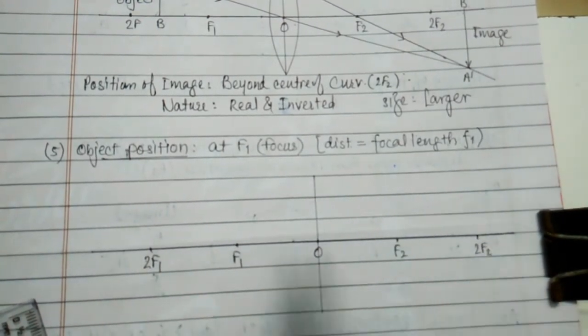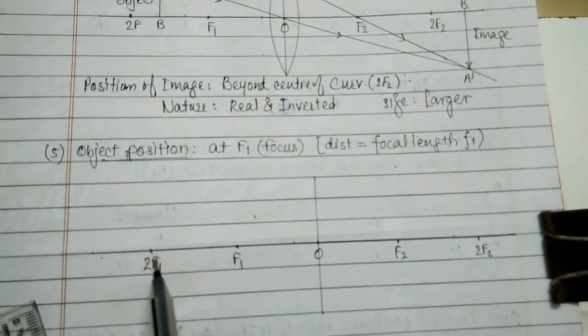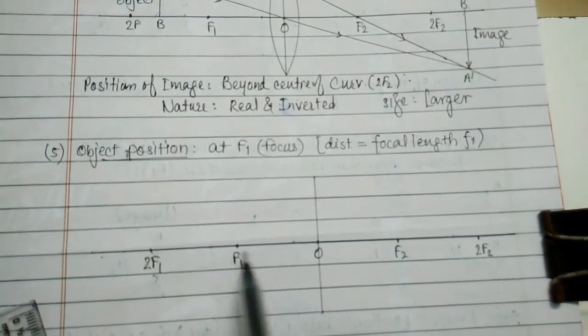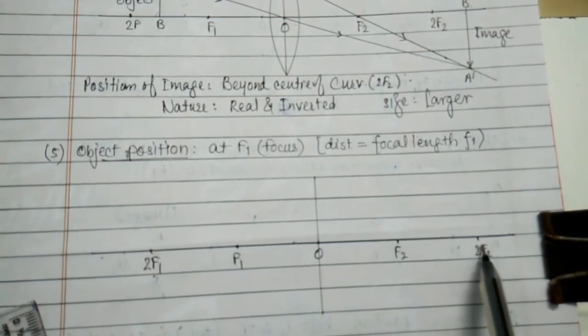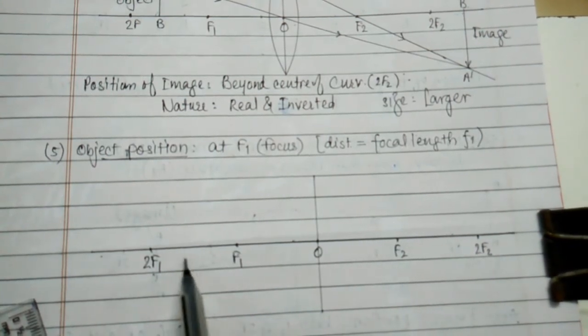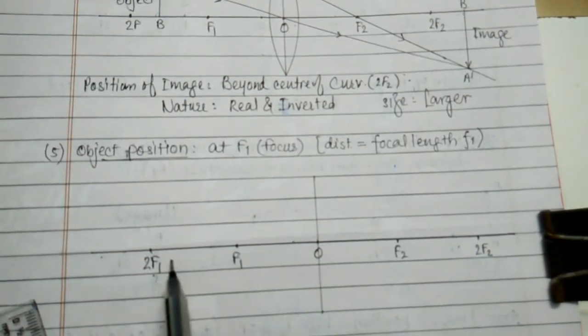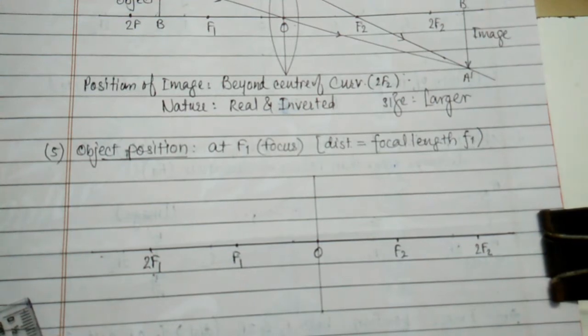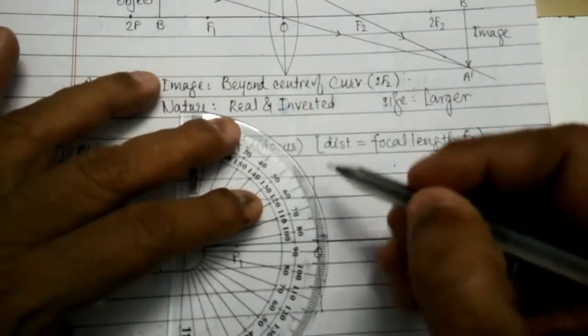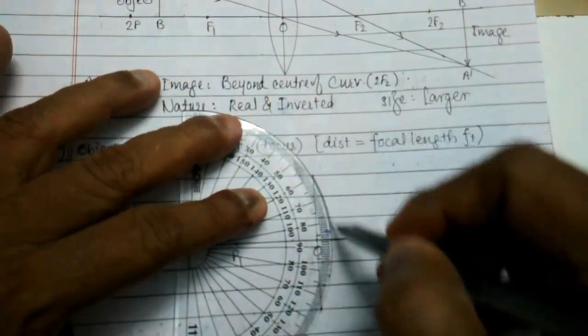This is the principal axis. On the principal axis we have 0 centimeter, 3 centimeter, 6 centimeter, 9 centimeter and 12 centimeter. There are 3 centimeters between each 2 points, and this is the convex lens.